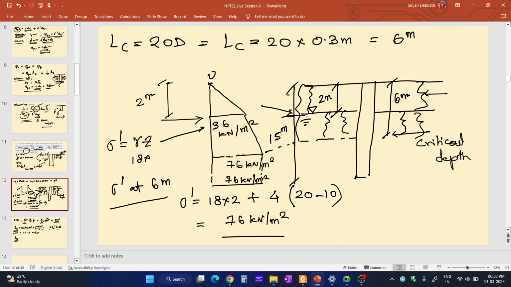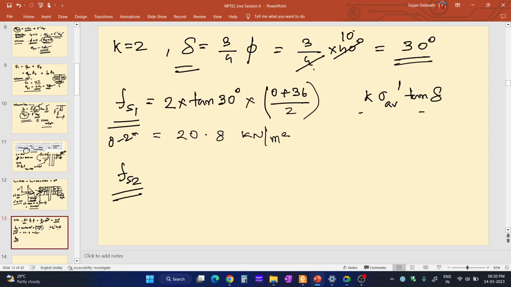The thickness is 4 meter. From this point to this point the thickness is 2 meter, and from this point to this point it is 4 meter, and the total is 6 meter. So we must find out the skin friction resistance from 2 meter depth to 6 meter depth.